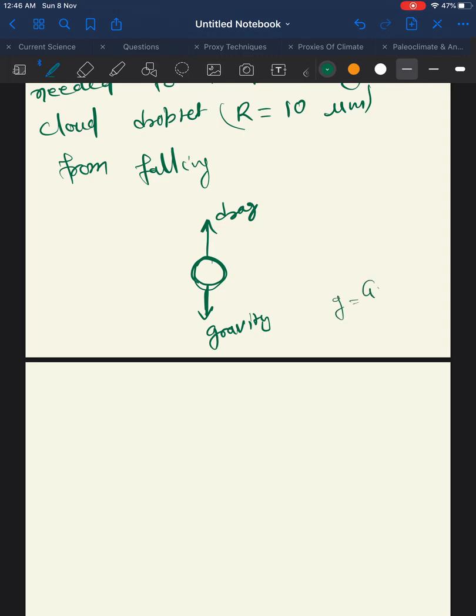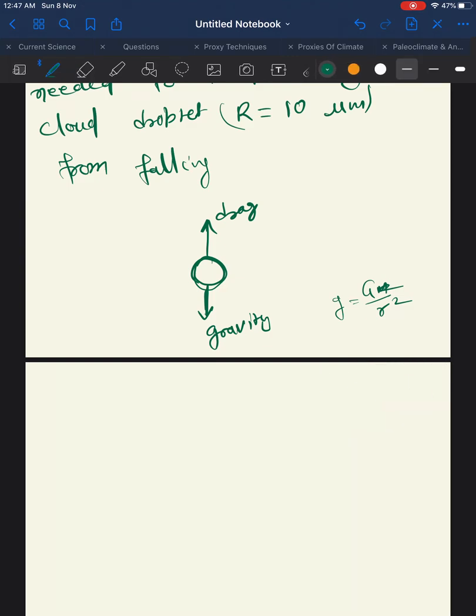Now gravity is what? g is equal to GM by r square. We know that. Again here we don't know the mass, so we can write g is equal to G r square, and here it's 4 by 3 pi r cube into rho. We can write mass is equal to how much?